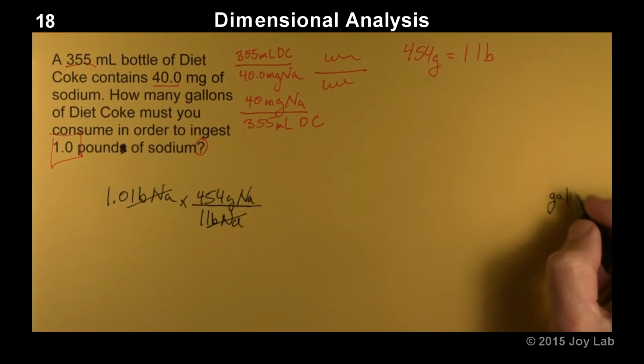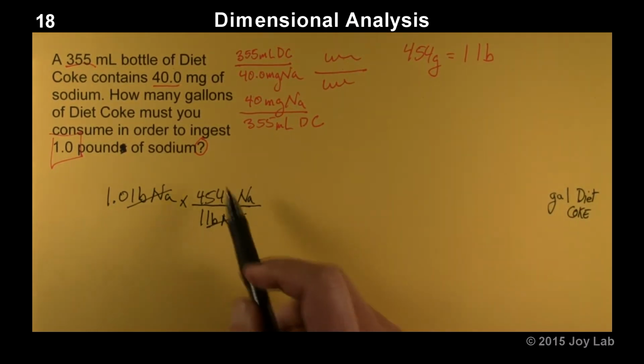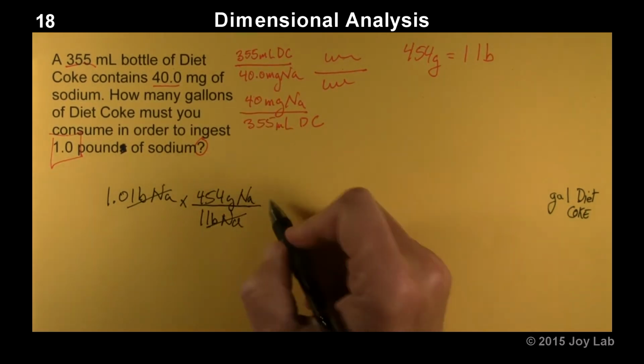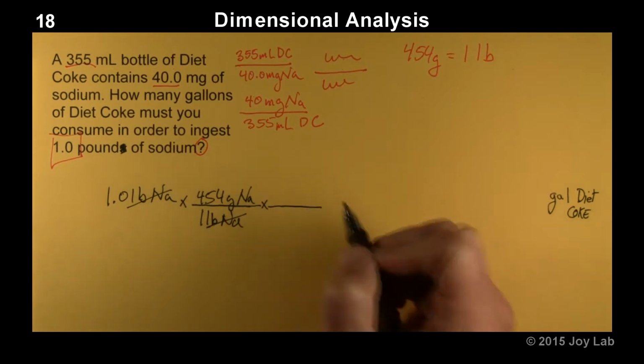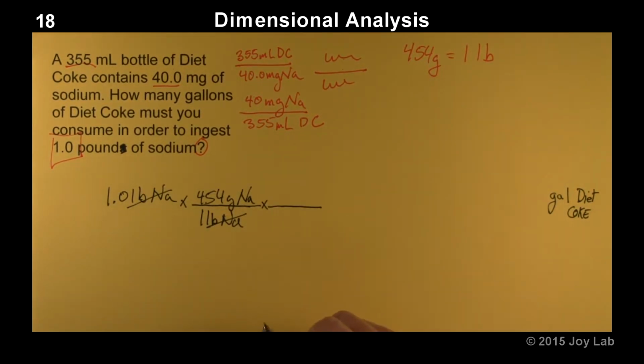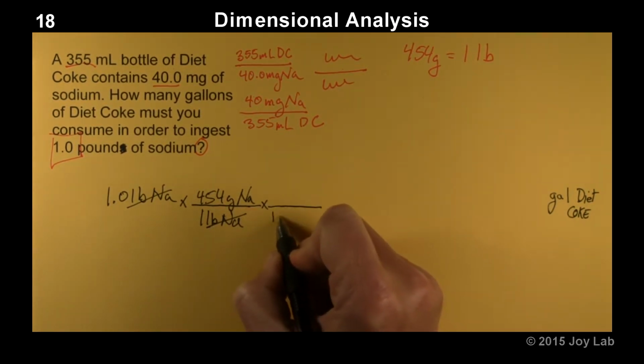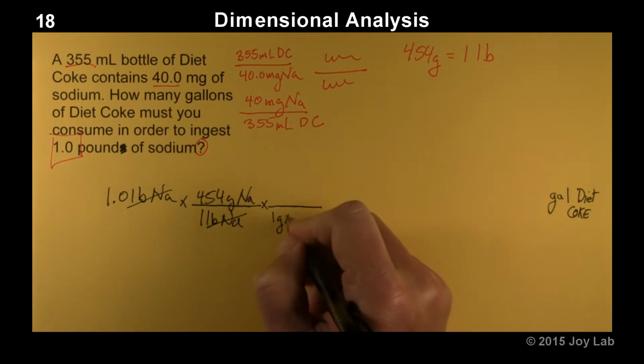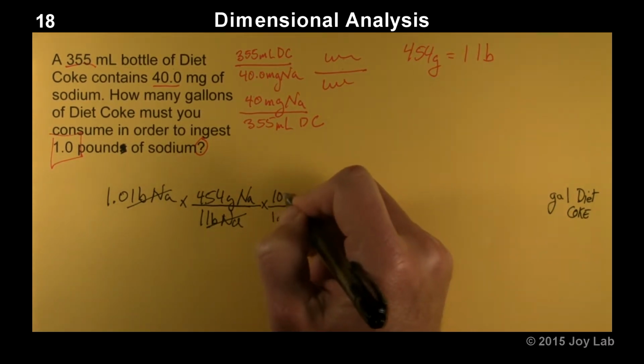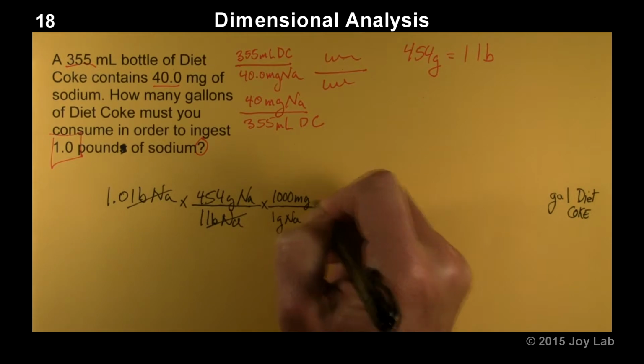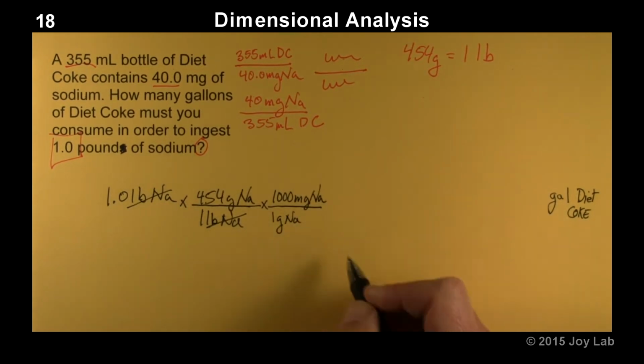Wait, I need gallons of Diet Coke. So now, how am I going to get from there? I got to get this into milligrams. So how many milligrams are in a gram? Milli is 1/1000th. So I know that 1 gram of sodium is 1,000 milligrams of sodium.